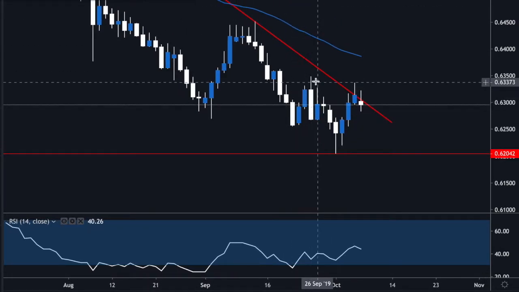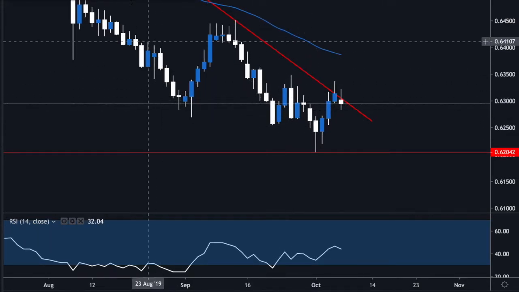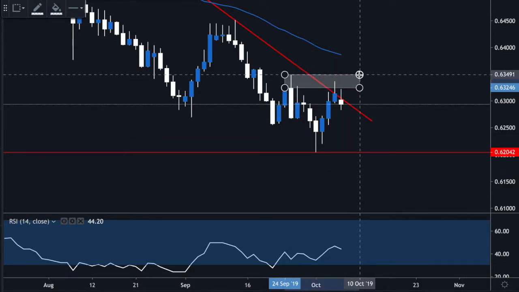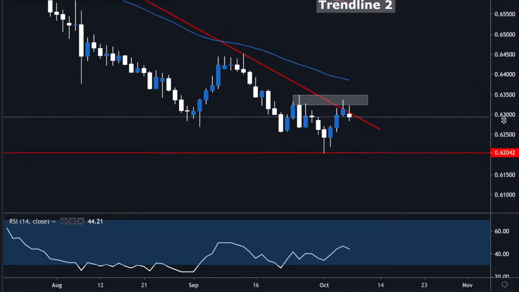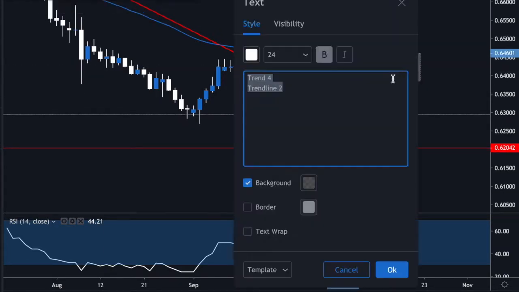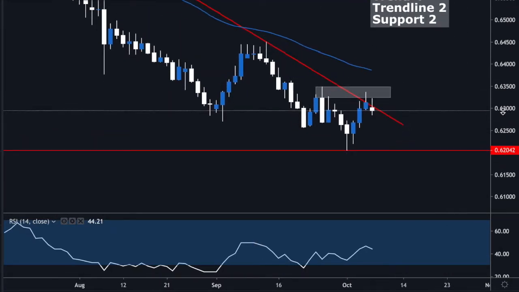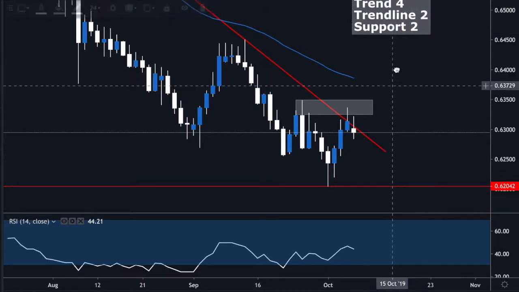We've got a retracement up and push lower. And we see that the market is pushing and touching the previous support area. This also counts as 2 points. Support, 2 points. So for now, this is 8 points in total.